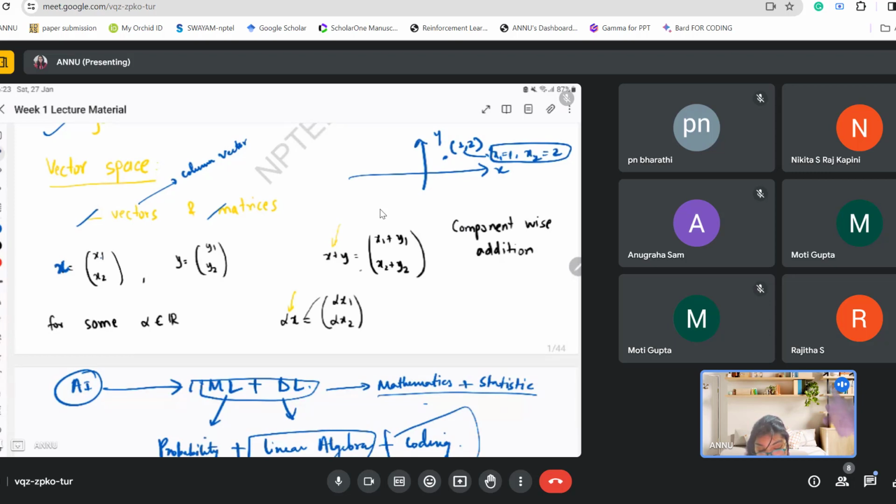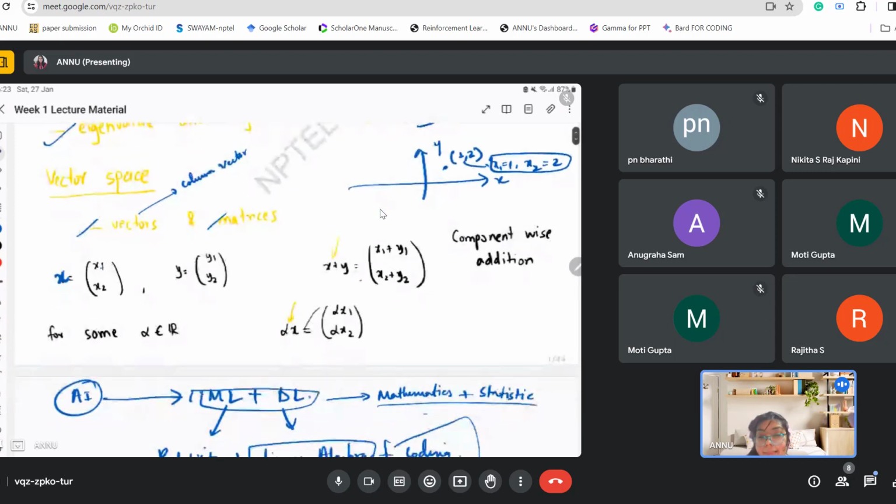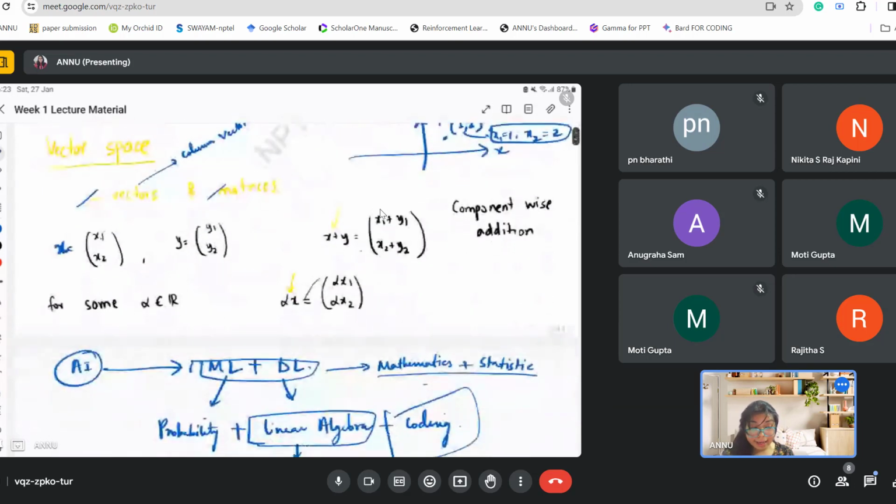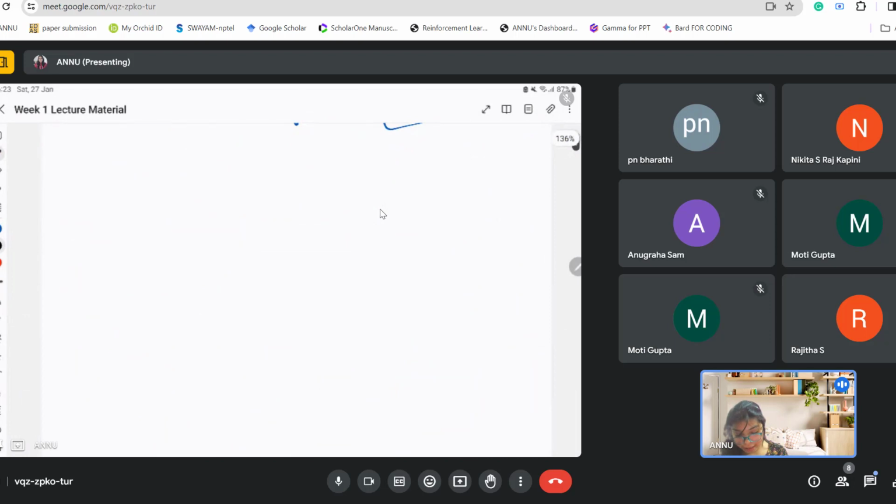Similarly, y1, y2. So the main thing about a vector space: a set of vectors forms a vector space when it follows closure under addition and closure under scalar multiplication.